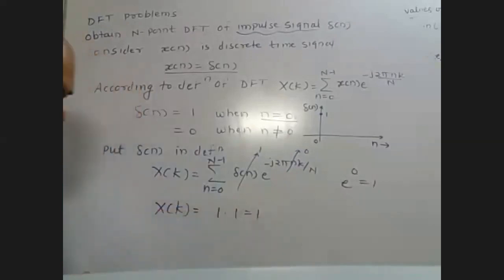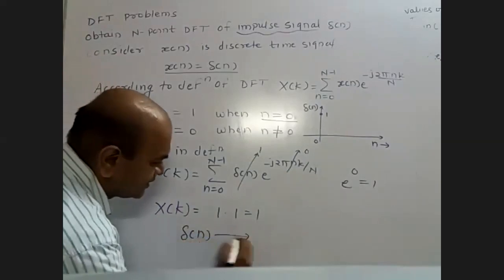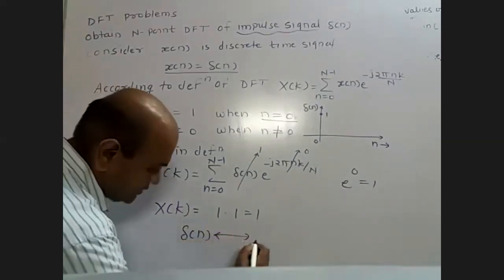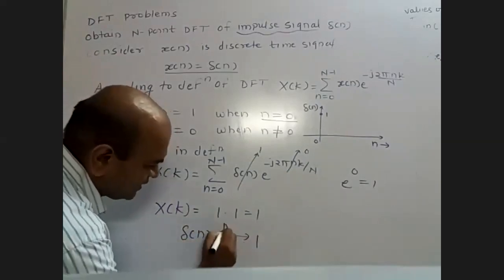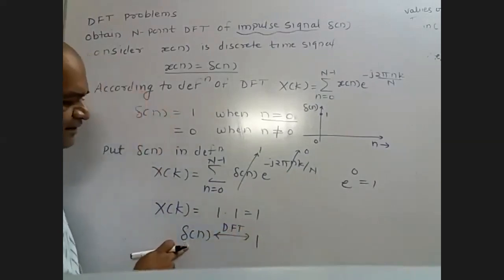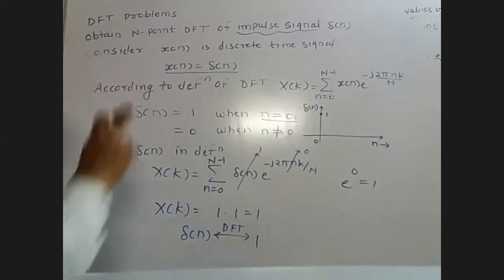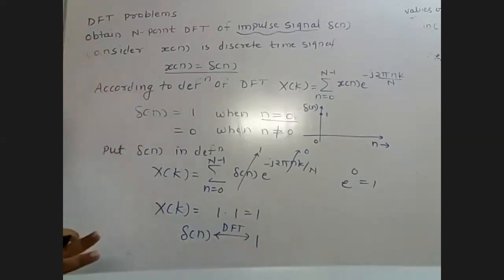So you can prove that the DFT of del of n is 1. This is proved from this expression. Now, this is the first problem.